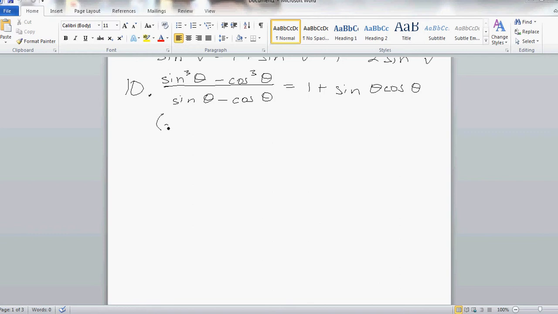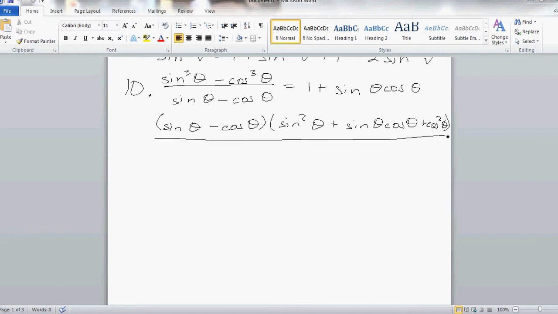And so how we factor this would be the sine of theta minus the cosine of theta times sine squared of theta plus sine theta cosine theta plus cosine squared of theta all over sine of theta minus cosine of theta. Now it's pretty simple to realize that right here we'll cancel with this.